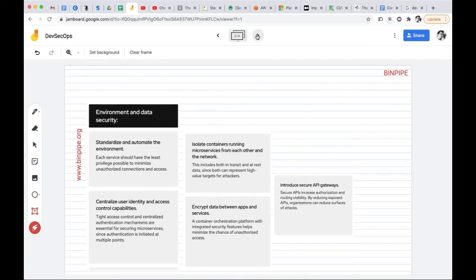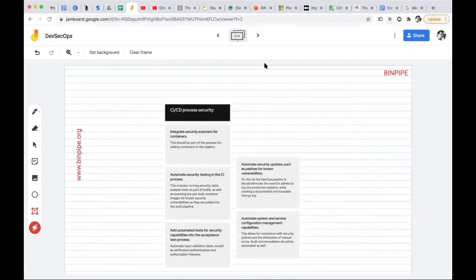Next, we have to keep an eye on the process security when we are talking about DevSecOps. So DevSecOps also takes care of the pipeline process security. So you have security scans embedded in your CI/CD pipeline. So integrate security scanners for containers, automate security testing in the CI process, the one which I discussed some time ago. We have to have code scans.